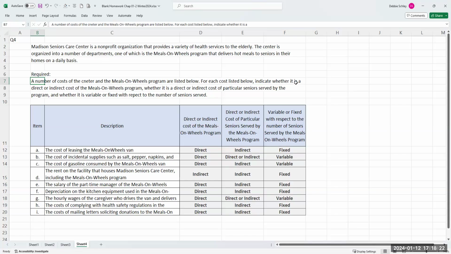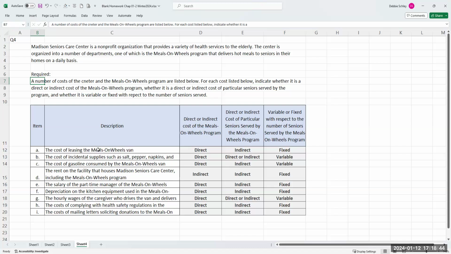For each cost listed below, indicate whether it is a direct or indirect cost of the Meals on Wheels program, whether it is a direct or indirect cost of a particular senior served by the program, and whether it is a variable or a fixed cost with respect to the number of seniors served.